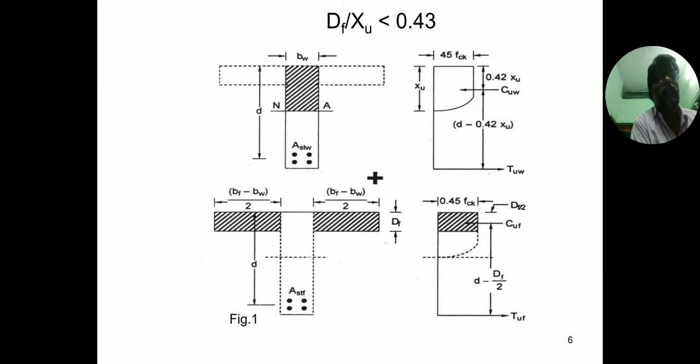Here it is CUF, compressive force for the flange, lever arm d minus df by 2, TUF, tensile force for the flange, TUW, tensile force for the web. Both are added. Draw the sketch.